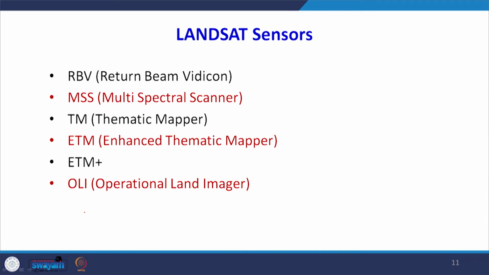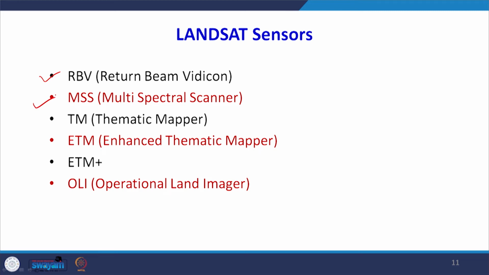So, about the sensor systems carried by these 1 to 8 satellites which I have mentioned, various kinds of sensors were designed and operated. The RBV was in Landsat 1, 2 and 3, the return beam Vidicon camera systems, which, like a video camera, take images in 3 spectral wavelength regions.